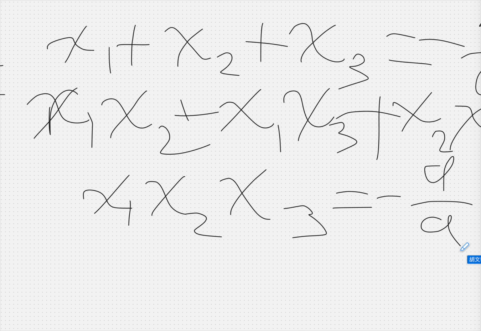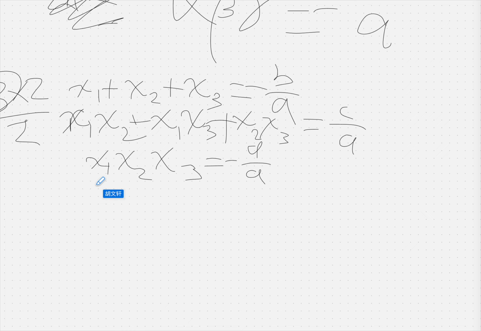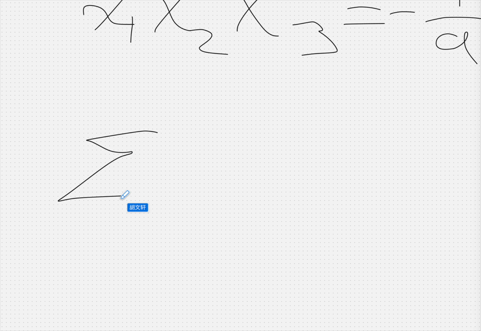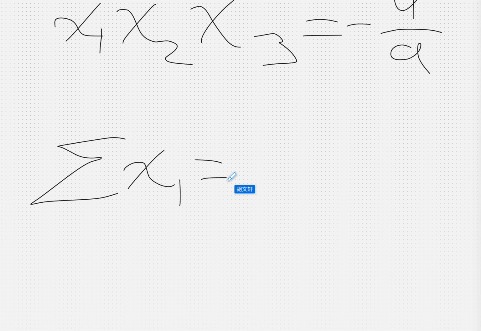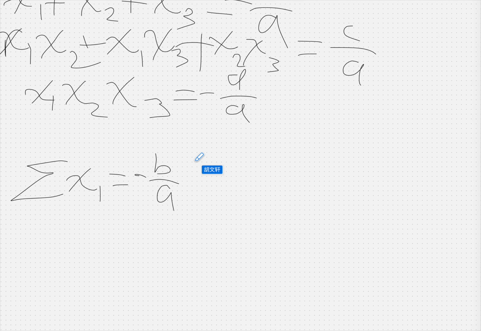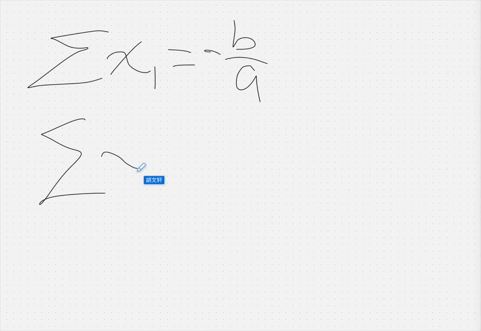So the notation for such can be: the sum of x1, one value of your root, equals negative b over a, with a as the first, b as the second, c as the third, and d as the fourth coefficient. Then the sum of the paired up multiplication of your roots is c over a.